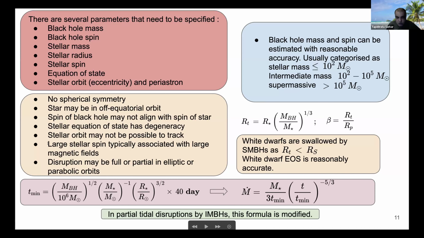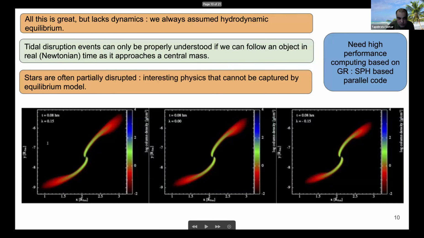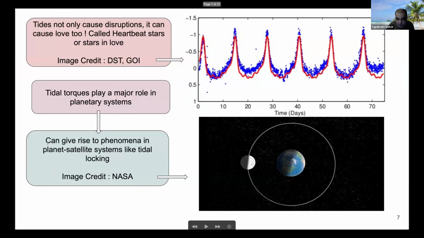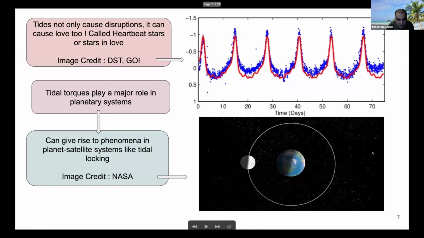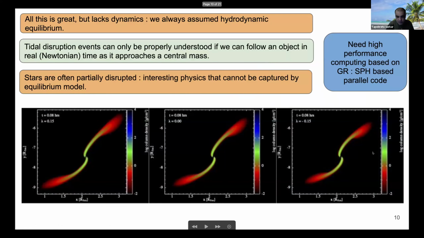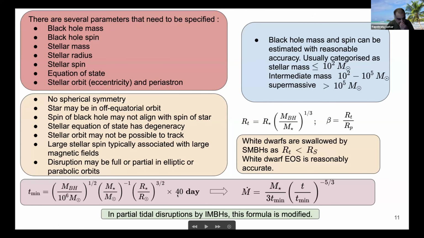Now, when I showed you the previous slide, I showed you this: this is the debris which is falling back into the black hole. And there are some estimates of the minimum time that the debris will take to reach the black hole. So this is that estimate.